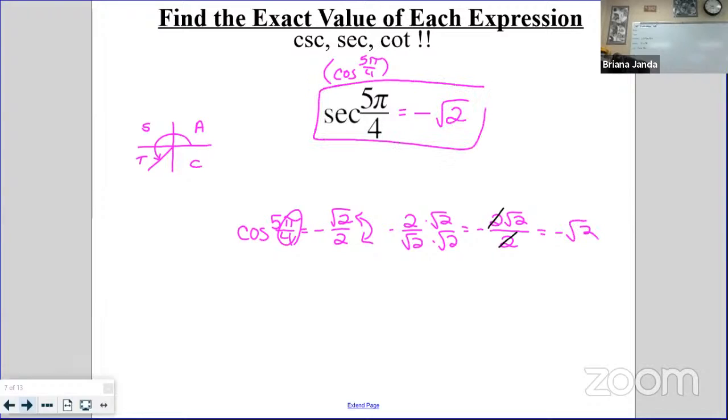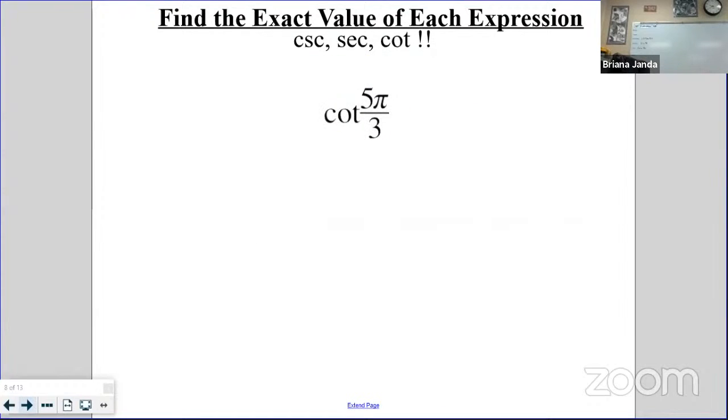So when we turn square root of 2 over 2 upside down, it will always simplify down to just square root of 2. And as soon as you start recognizing that, again, you don't have to show that work. Just jump to the answer. Questions? Okay. All right. Cotangent of 5 pi over 3.